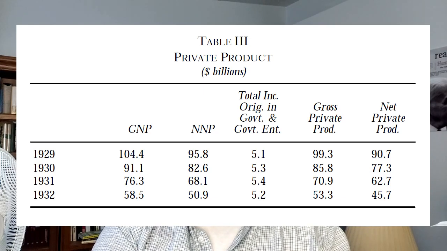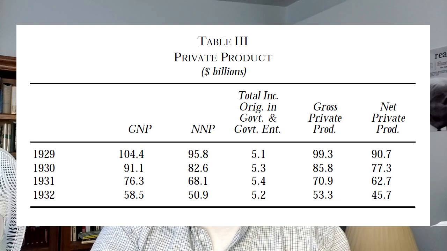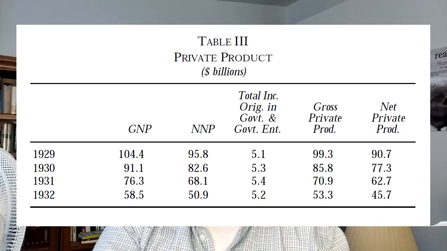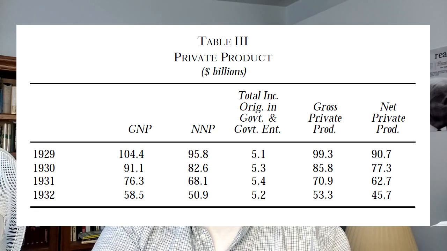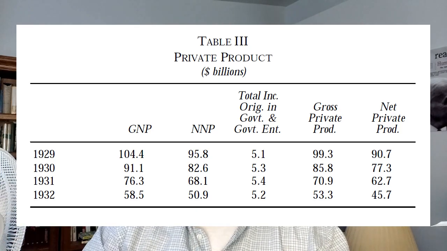And subtracting column 3 from column 2, we get column 5. So, as I mentioned earlier, we're taking the gross national product, subtracting away the total income originating in government and government enterprises, and that gives us the gross private product. Same thing with net, only we replace the word gross with net. That's Table 3. Again, basic math here. A lot of our data is coming from earlier tables, so this has been pretty simple so far.